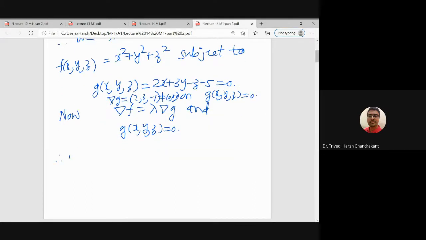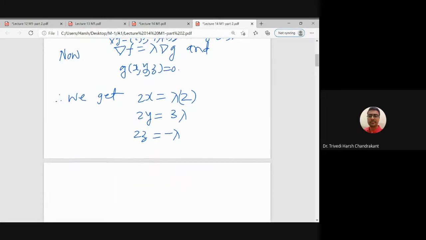So therefore if you substitute the value of the function, we get 2x equals to lambda times 2, 2y equals to 3 lambda, and 2z equals to minus lambda.